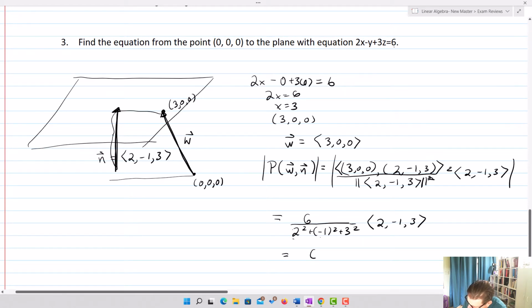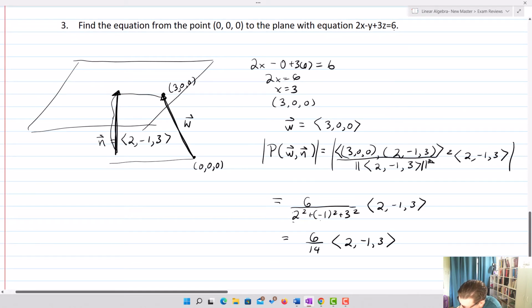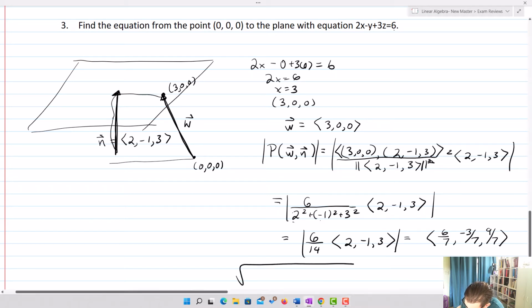So 6 over 14 times 2, negative 1, 3. I'll multiply that all in because I'm going to have to find its magnitude. That gives me 6/7, negative 3/7, 9/7.